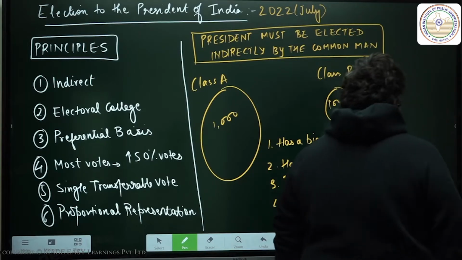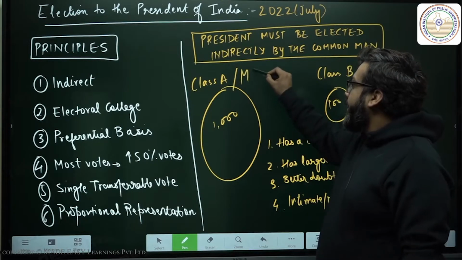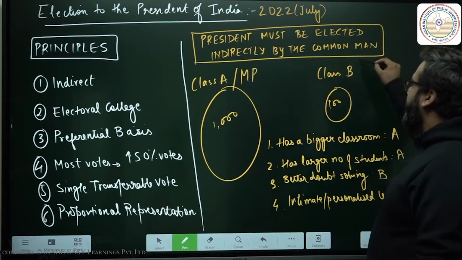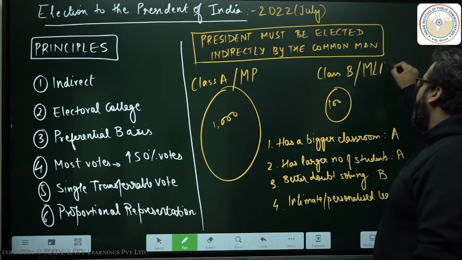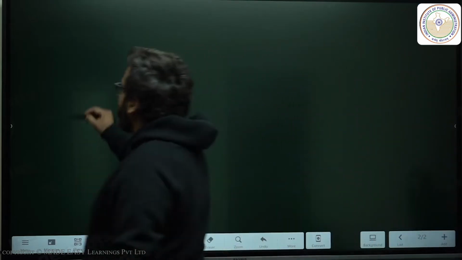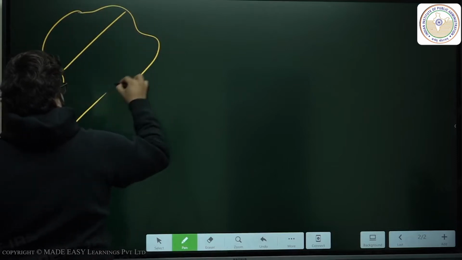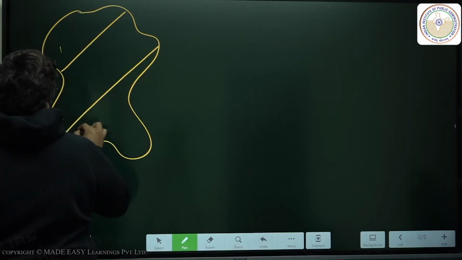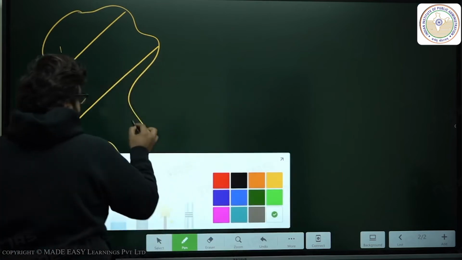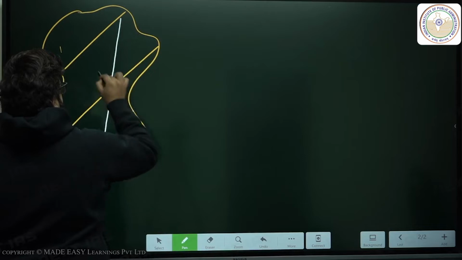Excellent. Thank you, Aditya. If you notice, class A is nothing but an MP constituency, and class B is nothing but an MLA constituency. In a given state, right, the size of your MP constituency 1, 2, and 3 will always be bigger than the size of your MLA constituencies, right?